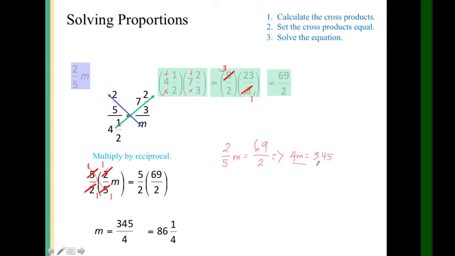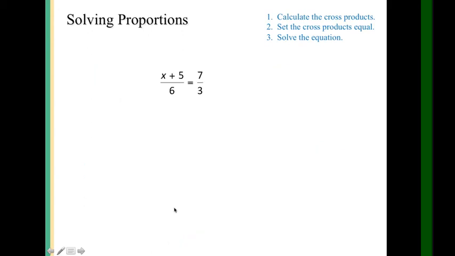Then divide both sides by 4. So, yung makukuha mo, same lang naman siya na makukuha natin dito. And then divide and get the mixed fraction. So, we have 86 and 1/4. Same lang naman.